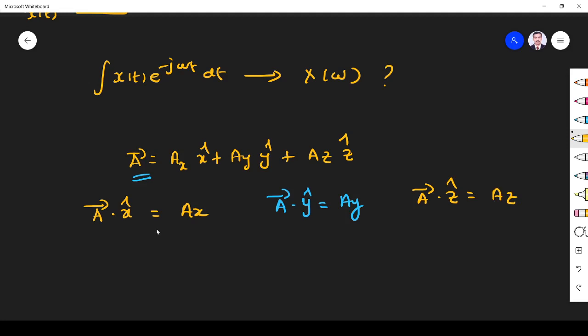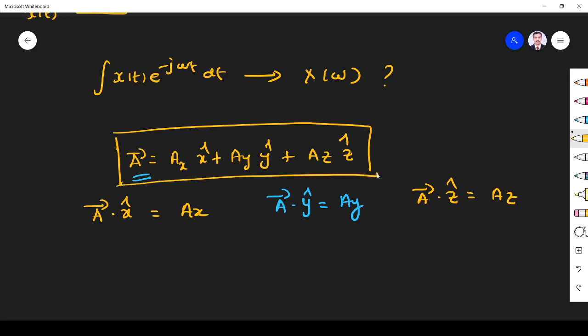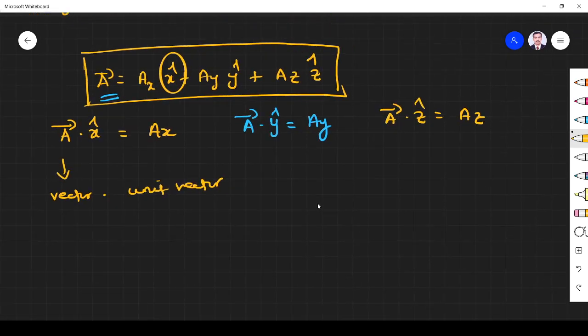So A is a total vector, and if you want to find a part of that, you have to take a dot product with its unit vector. Yes or no? You have to take a dot product with the unit vector along the same direction. So it will give the component of the vector in that direction.